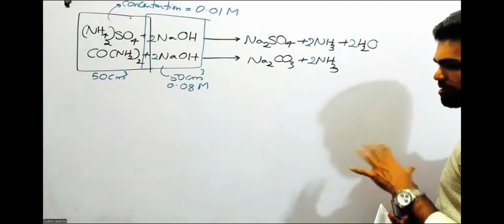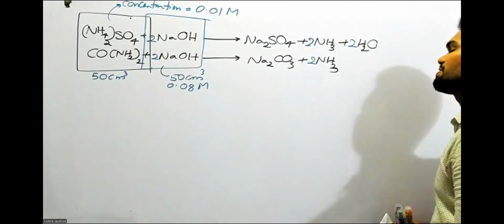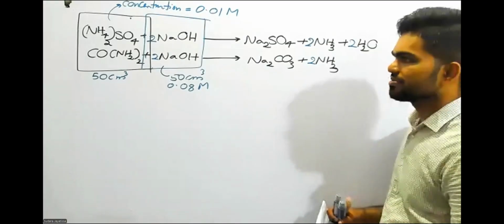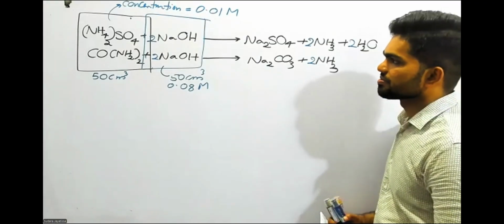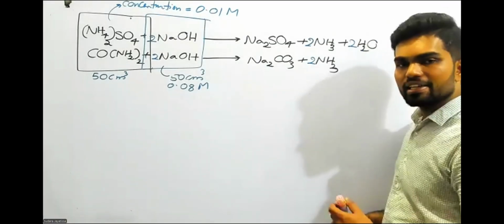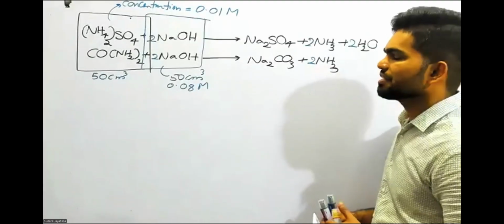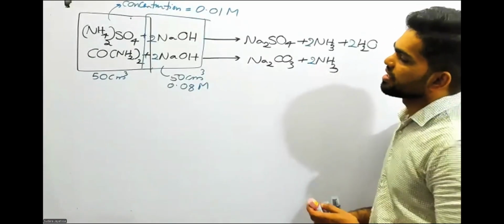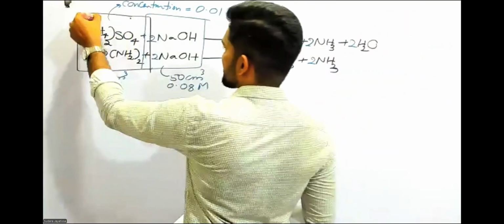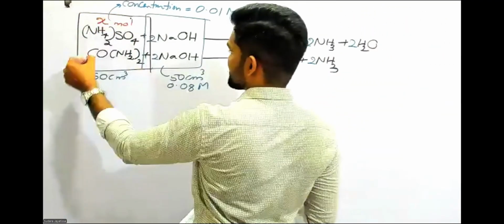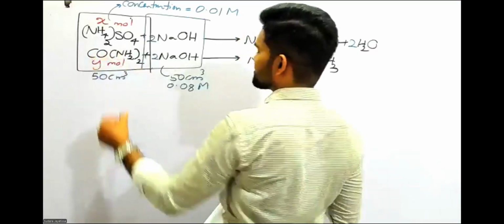Okay, so now think about the question. Think about the question, it's not that difficult. First of all, I'll explain the method using symbols. I think that will work better. Let's say we are having X moles of this one and Y moles of this one.